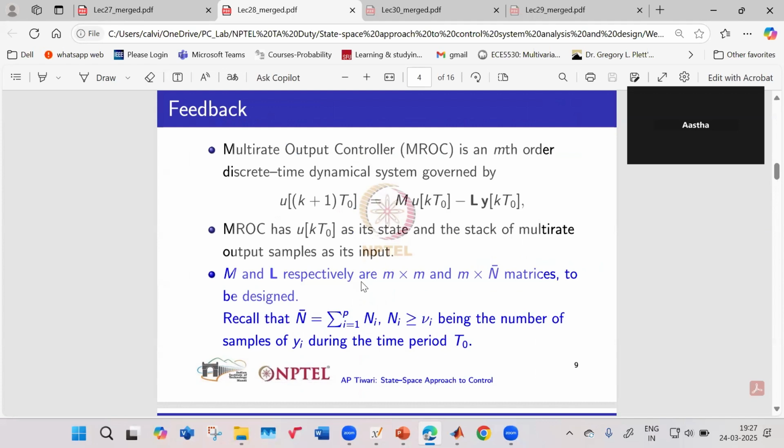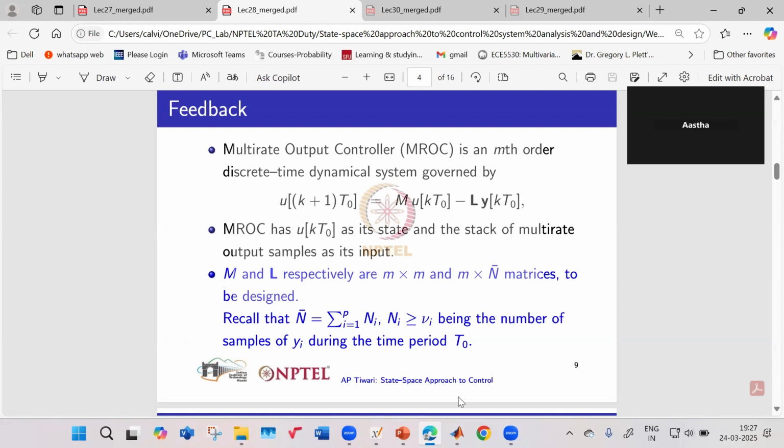Earlier we were seeing the equations governing the system when there is multi-rate sampling of the output as well as sampling of the input. Now we will see how we design a controller which will give us this input.